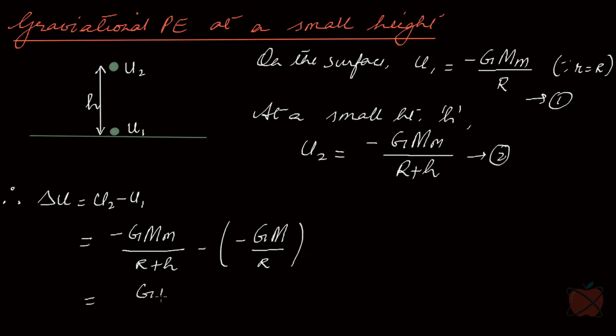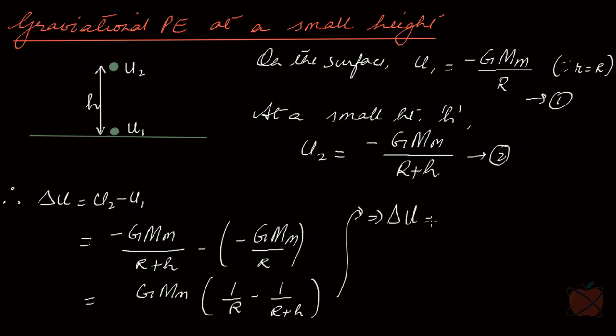So I take common GMm, then inside the bracket I will have 1 by R minus 1 by R plus h. So delta U, this will be how much?